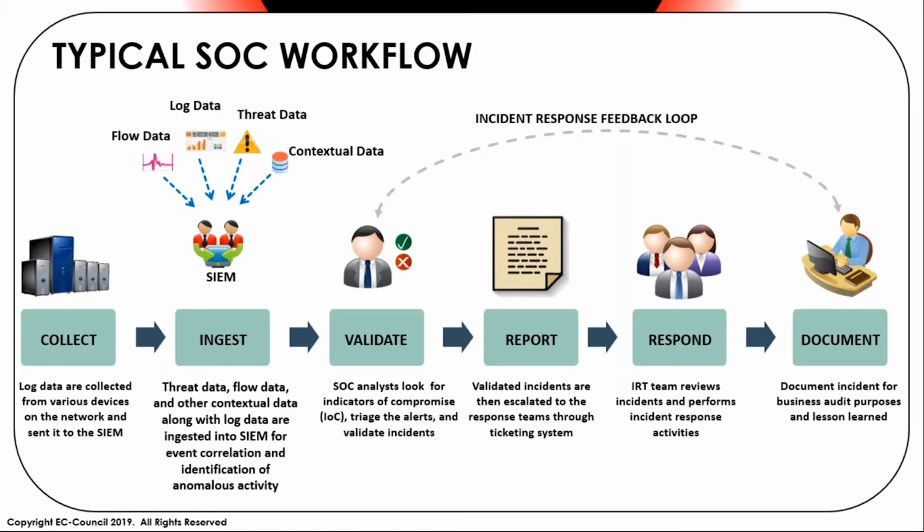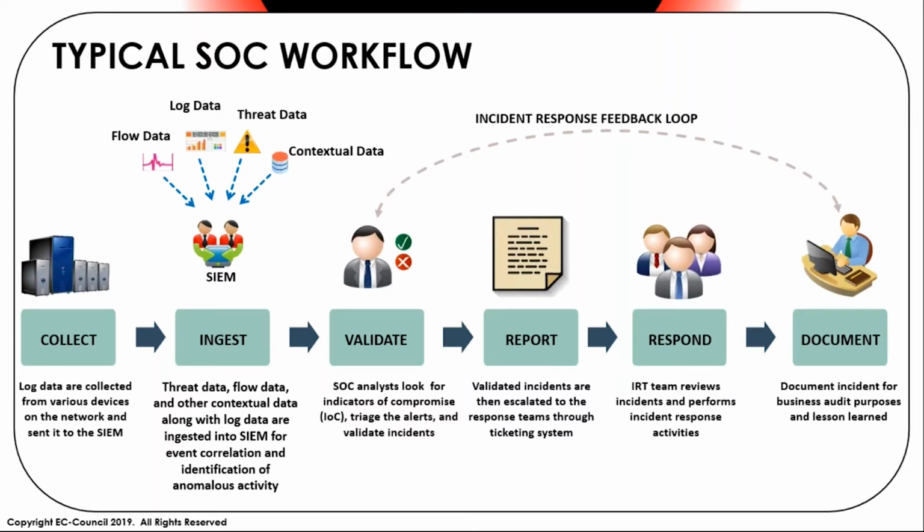We then push on to the more human element. So we have the validation aspect, which is down to the SOC to analyze and look through the indicators of compromise, so IOCs, as they are known, and validate the incidents and prioritize them accordingly. Validation is the first step of this incident response feedback loop.